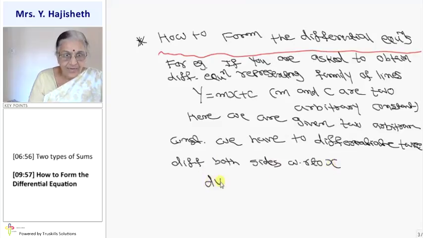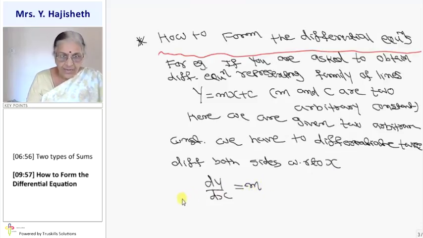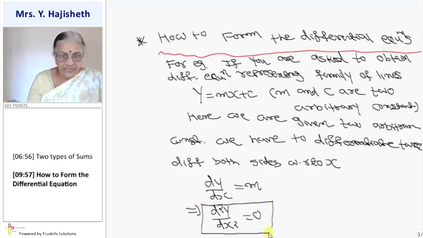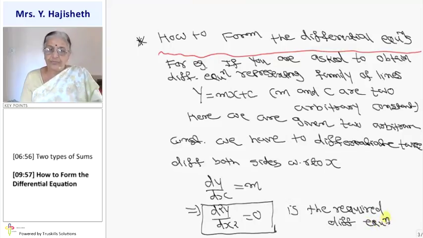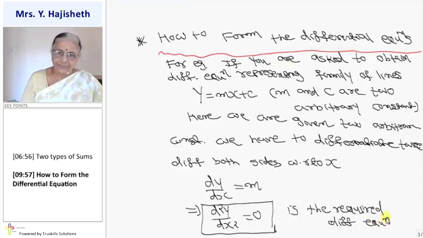So y becomes dy by dx, mx becomes m, and the derivative of c is 0. Differentiating again, we get d square y by dx square is 0, since m is a constant and the derivative of a constant is 0. Thus this is the required differential equation. It is made up of only y double dash, with no arbitrary constant.